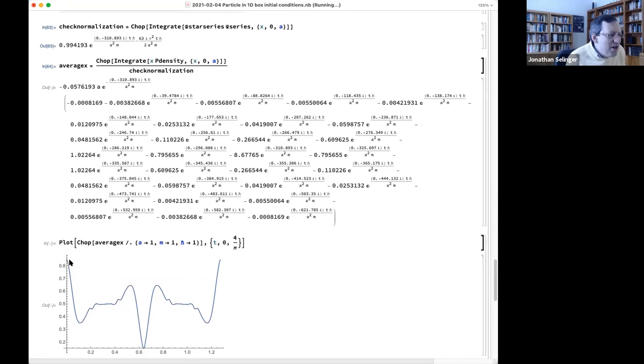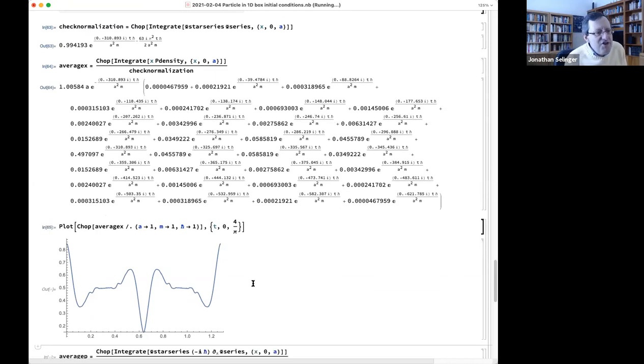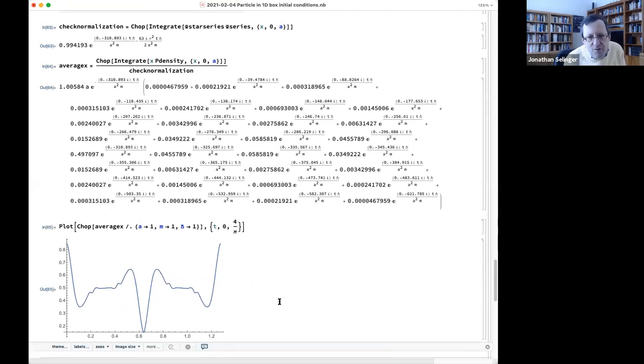It started over here on the right side, and then it had all this messy stuff in between, and then it made a hump over on the left side. And then it has all this messy stuff, and then it makes a hump back over on the right side again. So this is a range of behavior that you can find if you have a complicated initial condition.